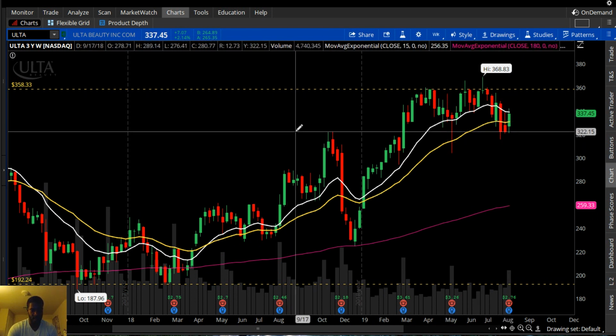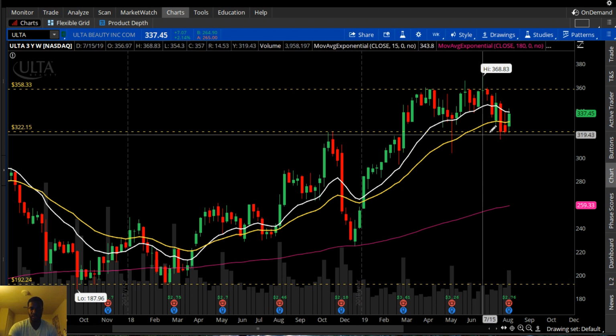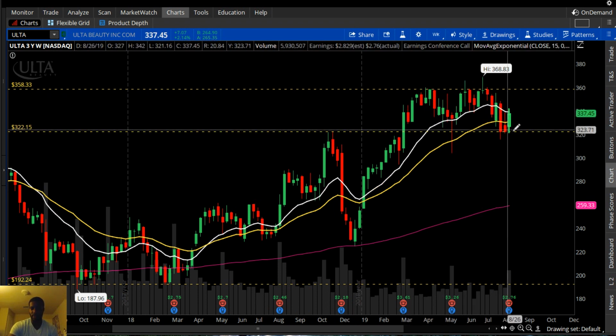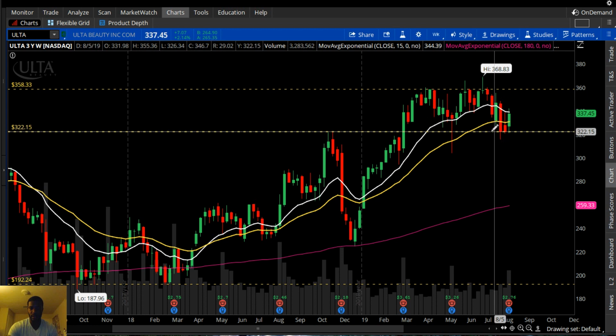So I see another price level here that has some reaction. You see we got this rejection here, and it basically had two little bounces, and today at market close we actually closed around this area.